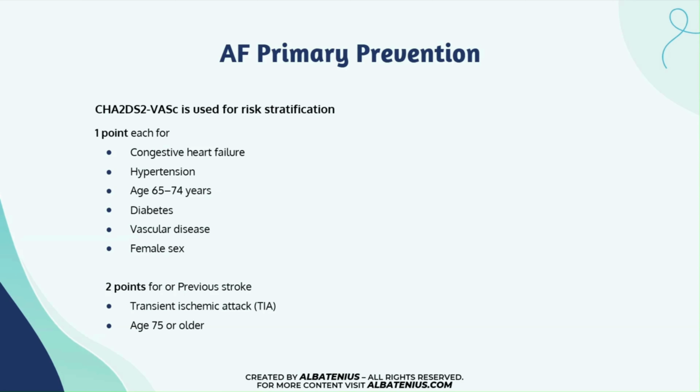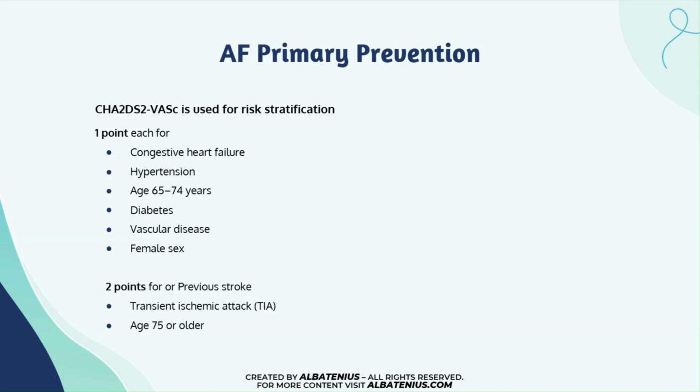The CHA2DS2-VASc score contains multiple risk factors or categories. We have two parts. Some of these categories will have 1 point each, and some of them will have 2 points each.